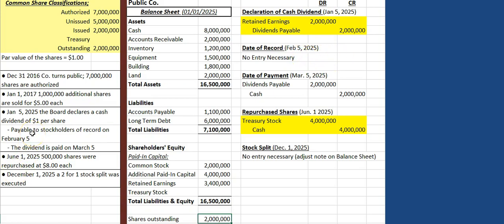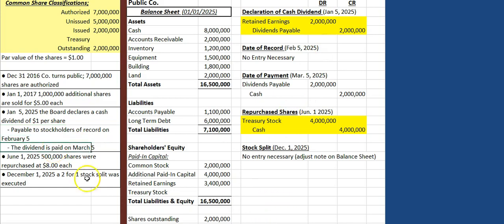And that's just for information purposes, so that the shareholders know. So the date is February 5. There's no entry that you have to do for this. The date of record says who's going to receive the dividend. And in this case, it's the individuals that hold the stock on February 5. Again, no entry necessary. Okay?